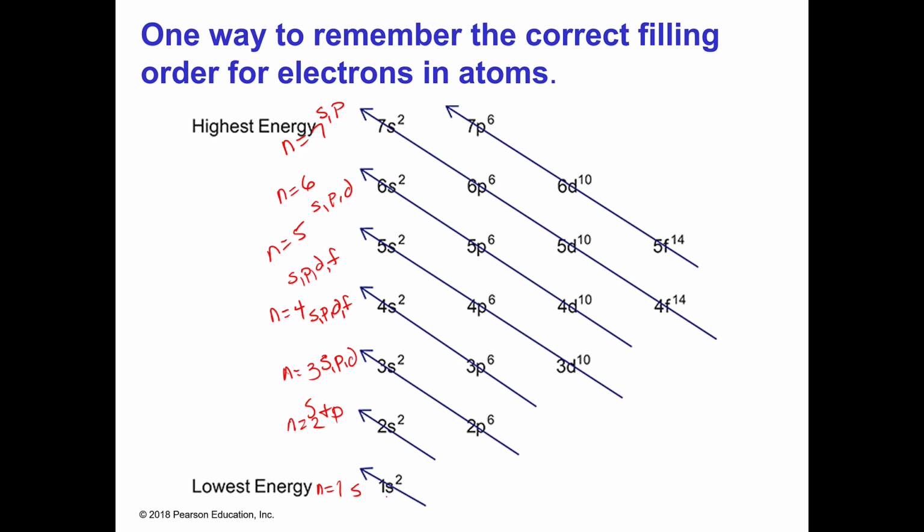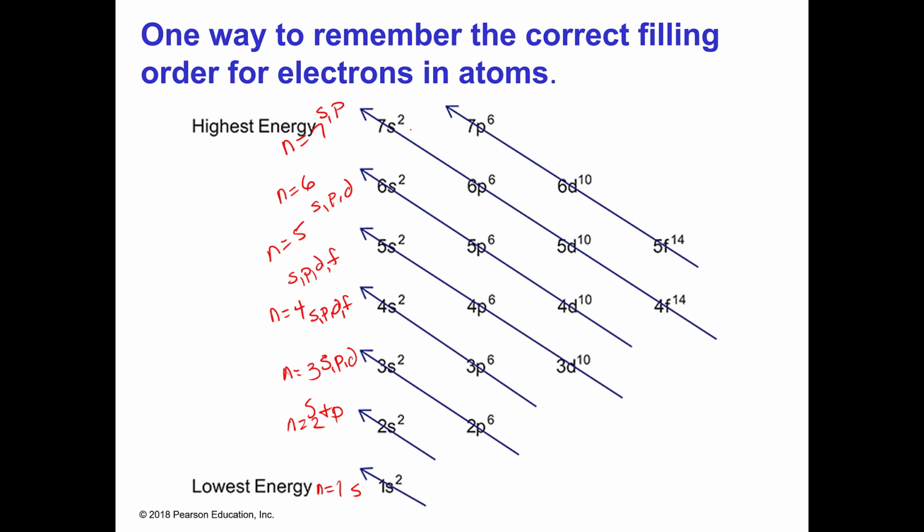So if you can remember that, then you write 1S, 2S, 2P, 3S, 3P, 3D, 4S, 4P, 4D, 4F. Then repeat that, 5S, 5P, 5D, 5F, and then go back down. Okay, so that's the pattern.